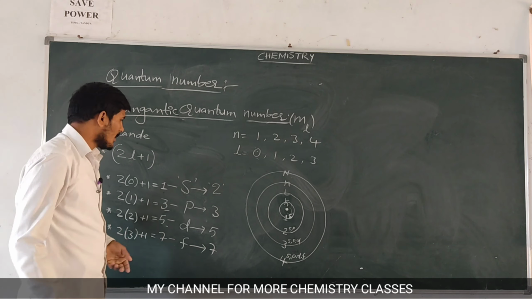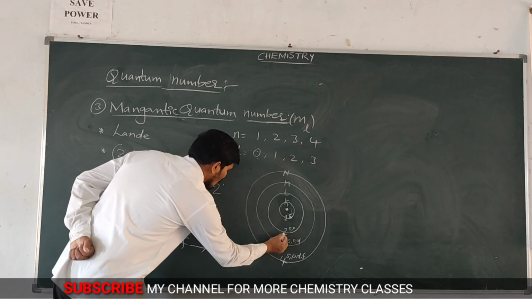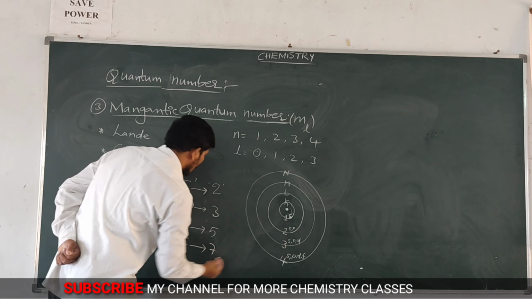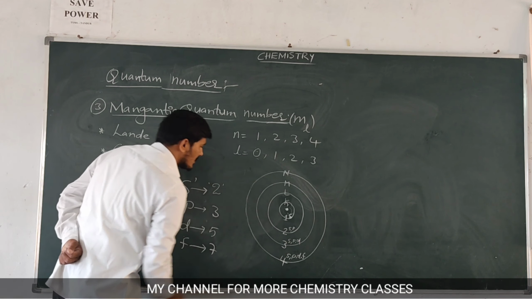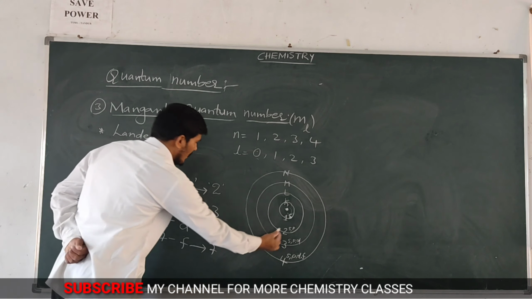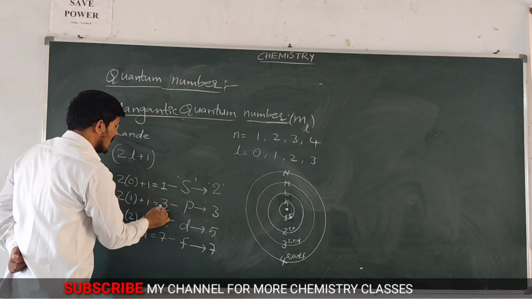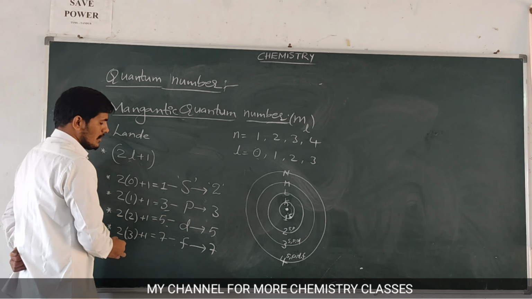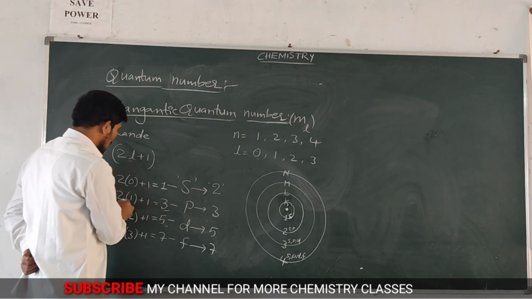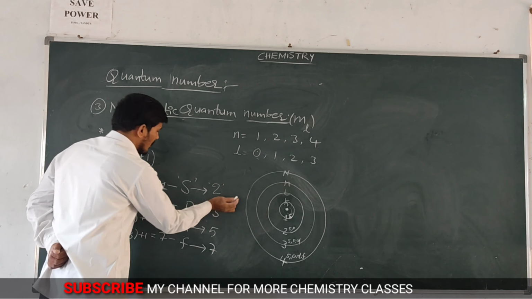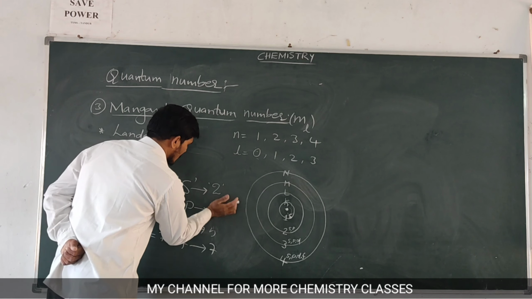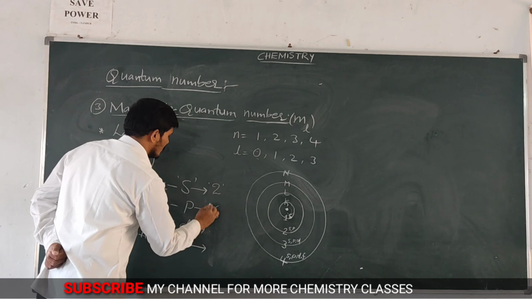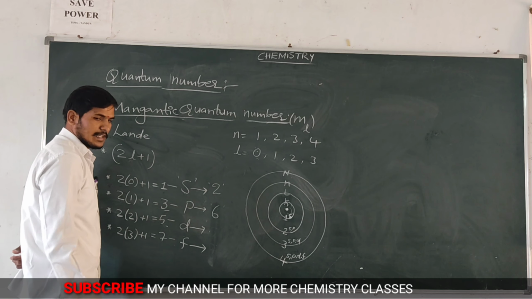Next, the second shell has two subshells, S and P. That means in total how many orbitals are there? 3 orbitals are there, so it has the capacity to hold a maximum of 6 electrons.